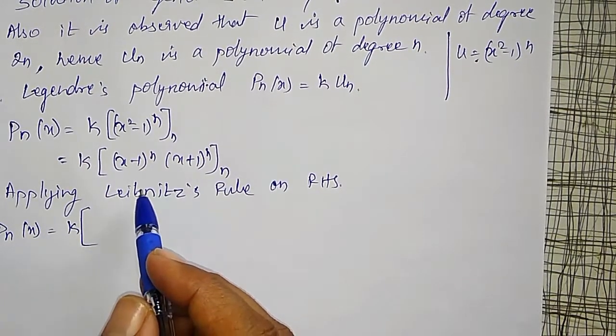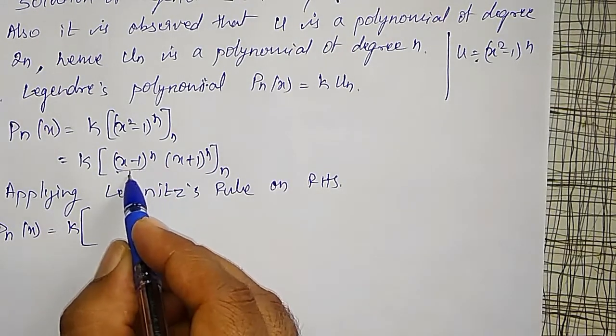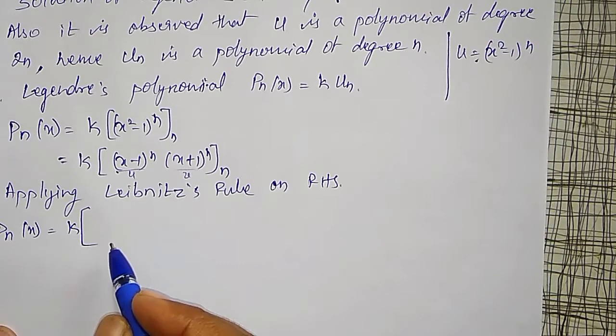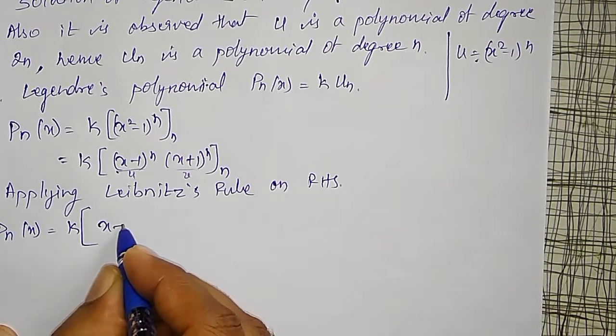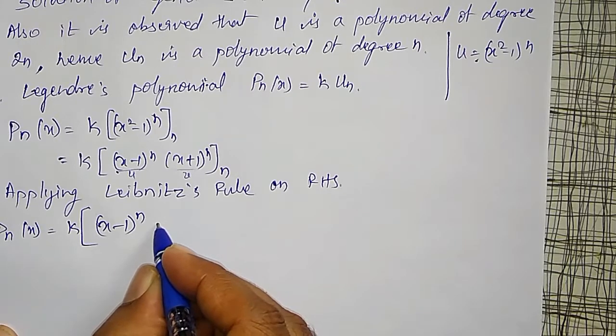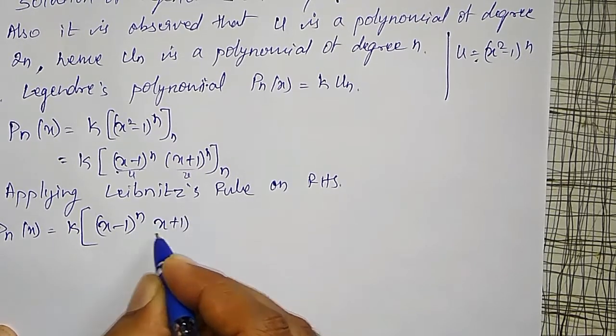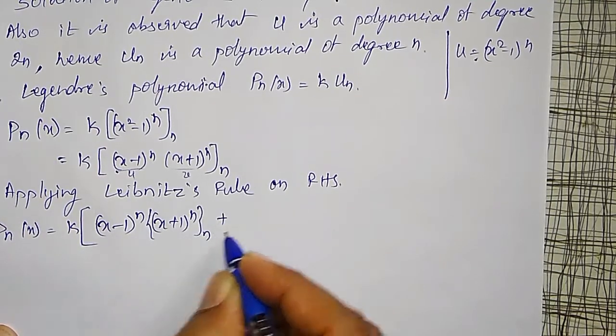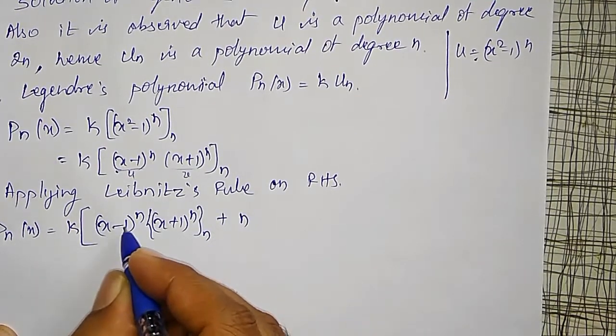Let me consider this one as u and this one as v while applying the Leibniz rule. Therefore, (x minus 1) raised to n into the nth derivative of (x plus 1) raised to n, plus n into its first derivative.